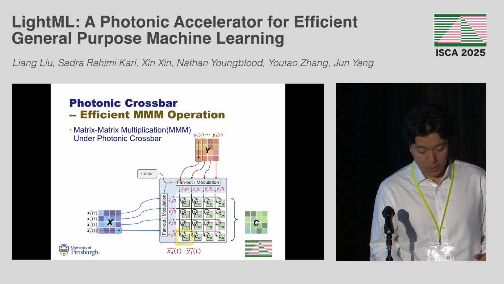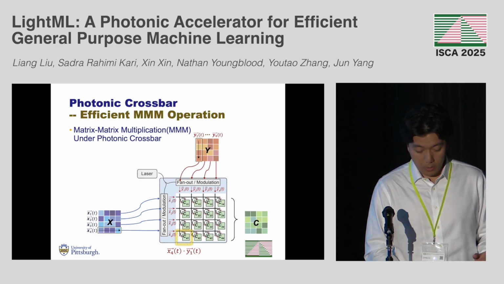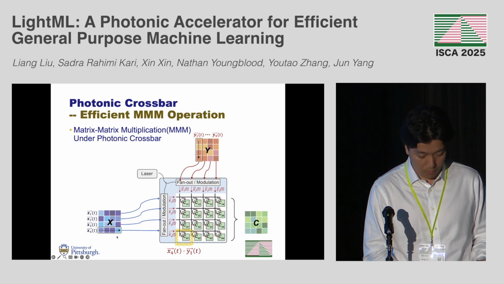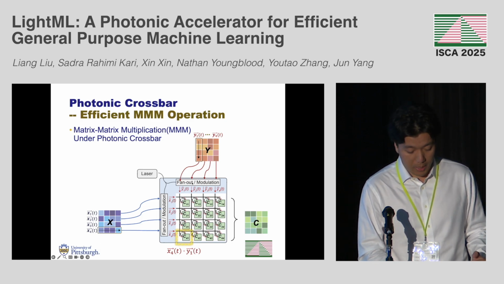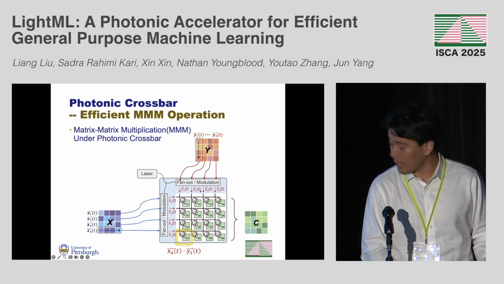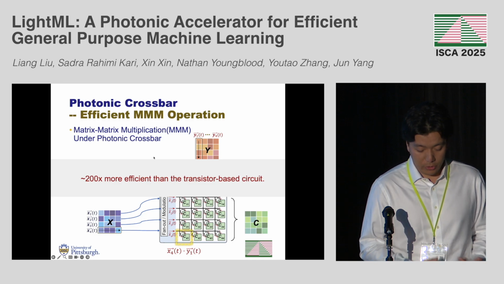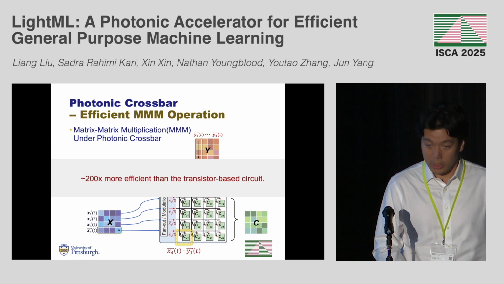Within each cross point, the optical device will conduct a dot product. For example, in the highlighted block, it is a dot product of vector x4 and vector y1. So the entire 4x4 crossbar will produce the output for matrix x multiplied by matrix y. And previous work has shown that it is about 200 times more energy efficient than the transistor-based device.